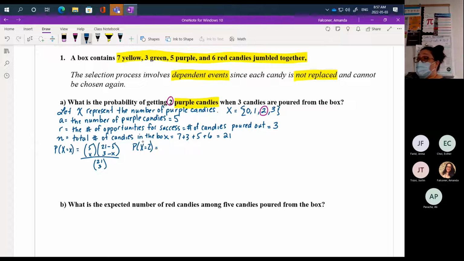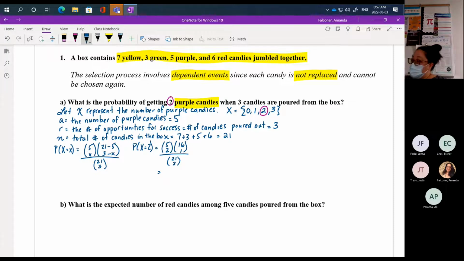If you went directly to solving for if the random variable x was equal to 2, that would be fine as well. So when we go to sub in, getting those 2 purple candies, we're going to go 5 choose 2. And then in the second combination, well, 21 take away 5 is 16. And 3 take away 2 is 1. And then all over, and the bottom is still 21 choose 3. There's no simplification there.